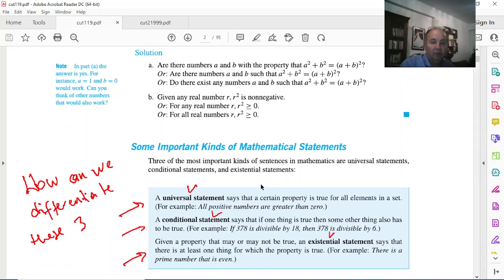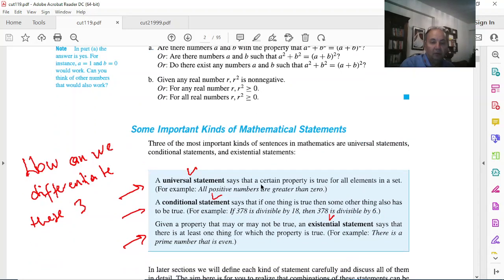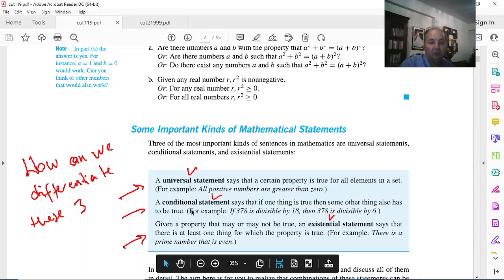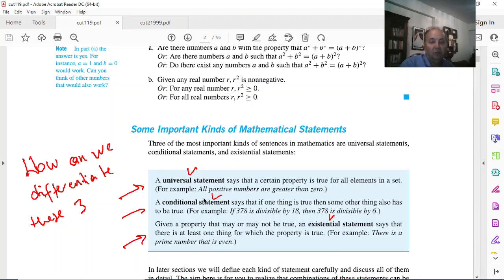When we are talking about statements, we can differentiate three subclasses: the universal one, the conditional one, and the existential statement. For a universal statement, we need a quantifier, like the descriptive one, "all."